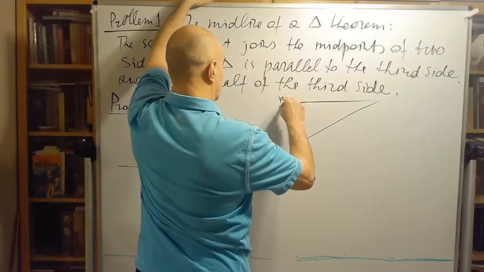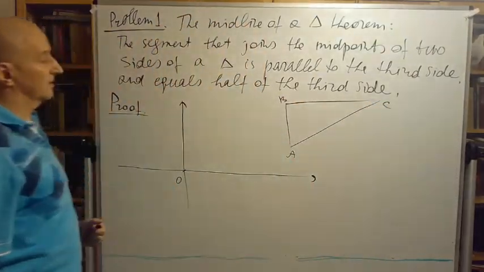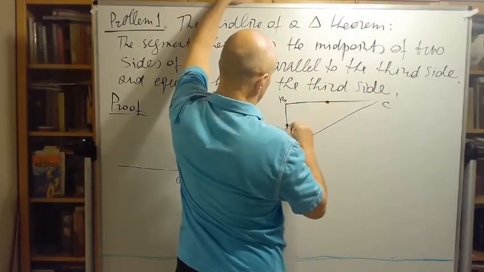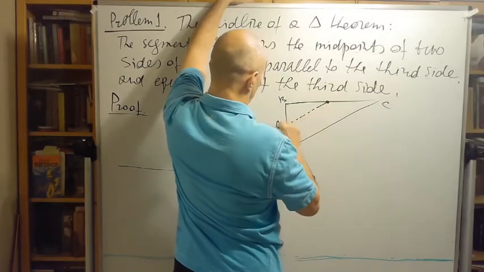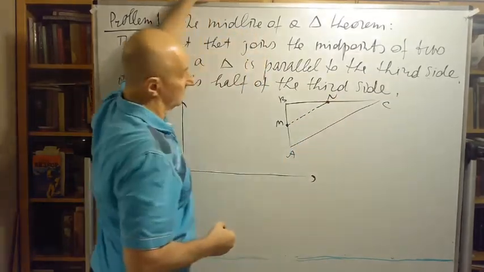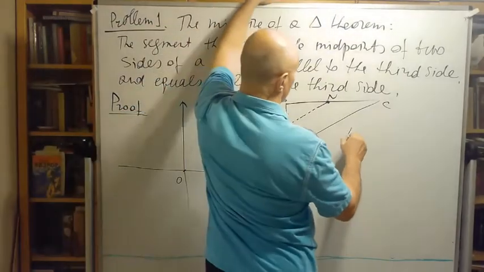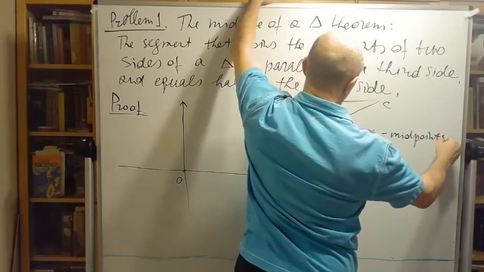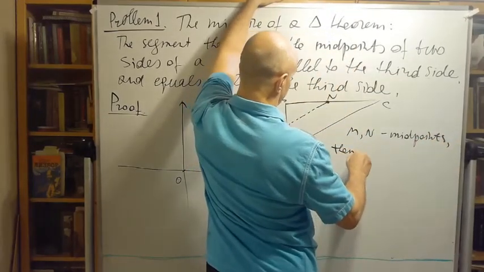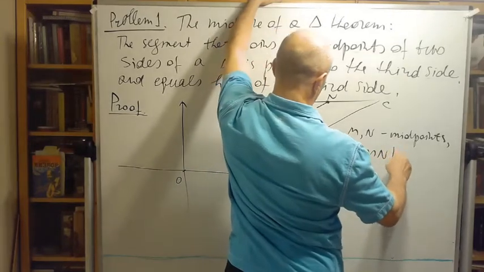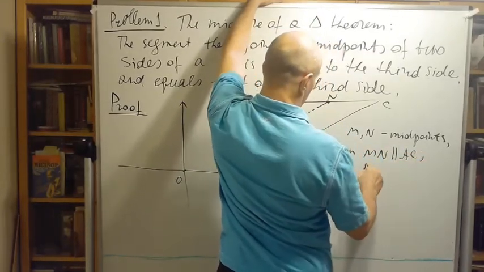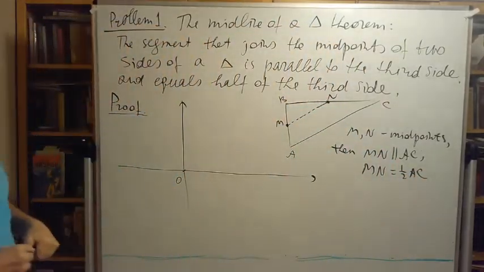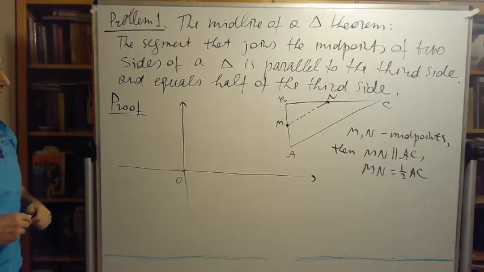Triangle ABC, and we want to prove that if we connect the midpoints of these two sides, M and N, yes, if M and N are midpoints of the respective sides, then MN is parallel to AC and MN is 1/2 of AC. The length of MN is 1/2 of the length of AC.